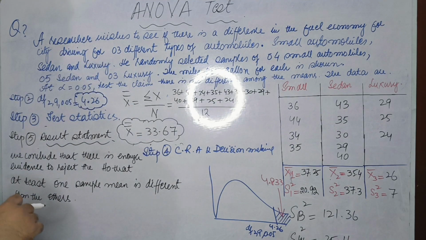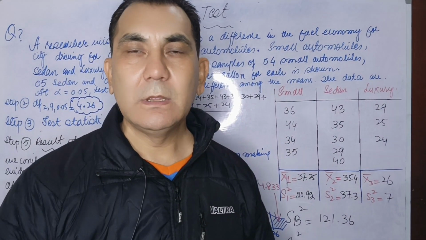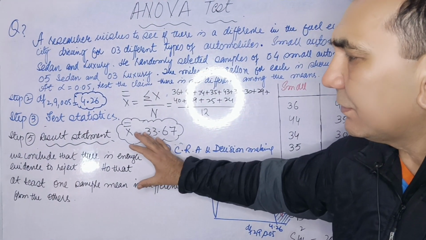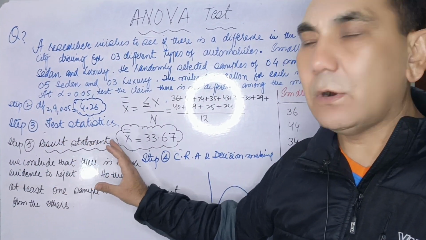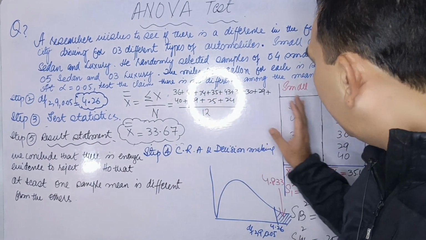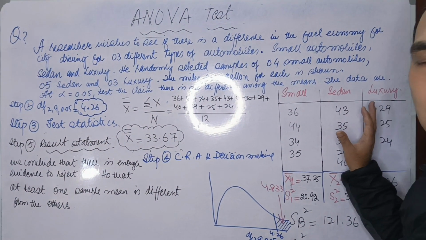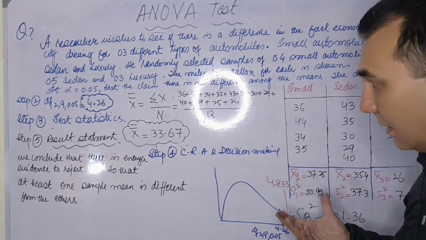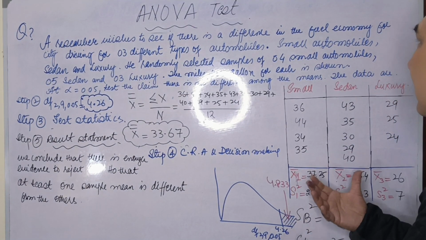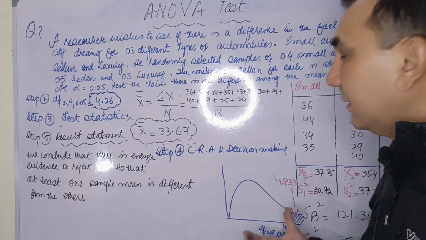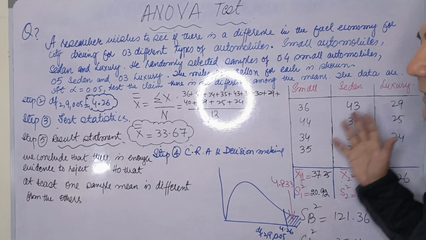As we stated in step number 1, the null hypothesis was that there is no difference in the sample means of all three automobile types: small, sedan and luxurious.